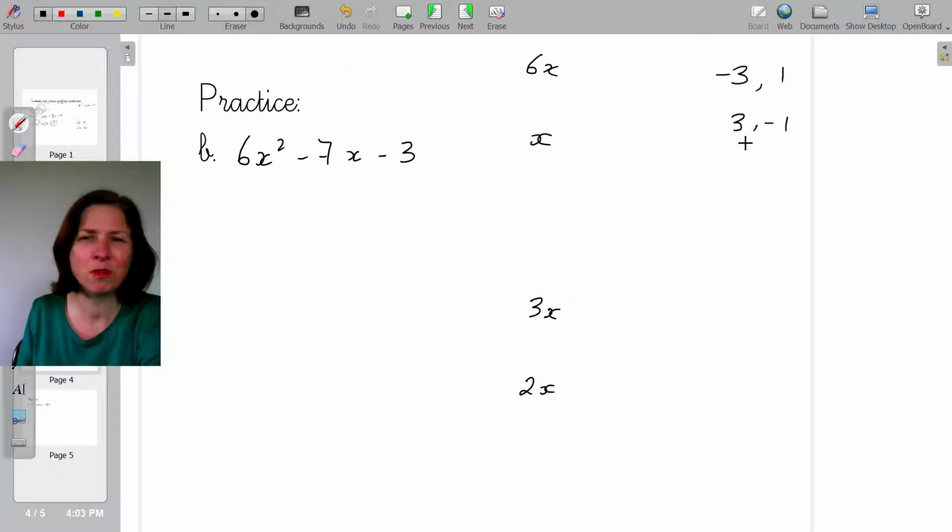But that's not helpful here because these are all odd. And this is one even and one odd here, and one even and one odd here. So that's not going to help me. I've really just got to go for my trial and error.